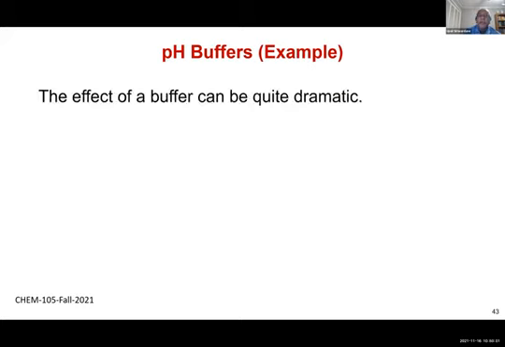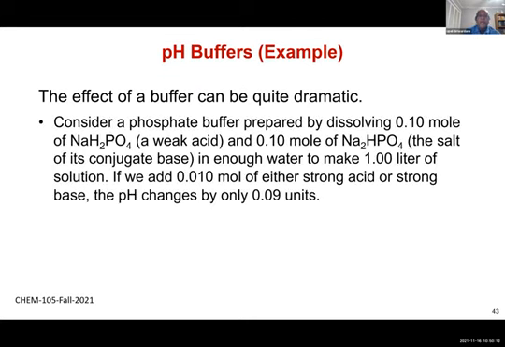There are other examples of pH buffers. The effect of a buffer can be quite dramatic. Consider the phosphate buffer.